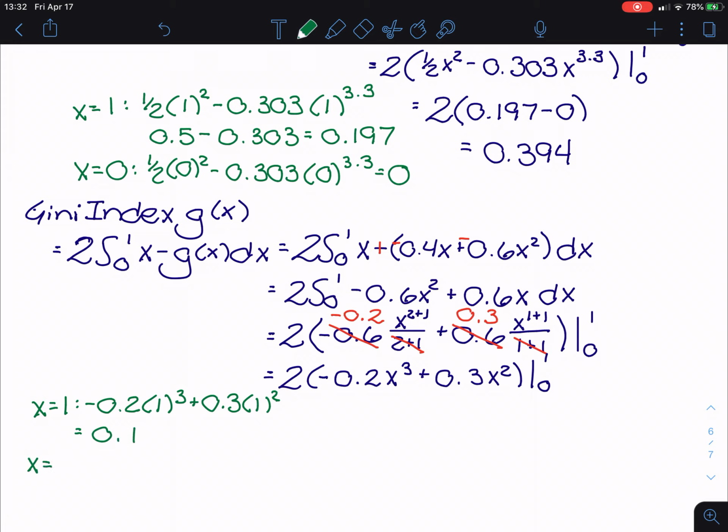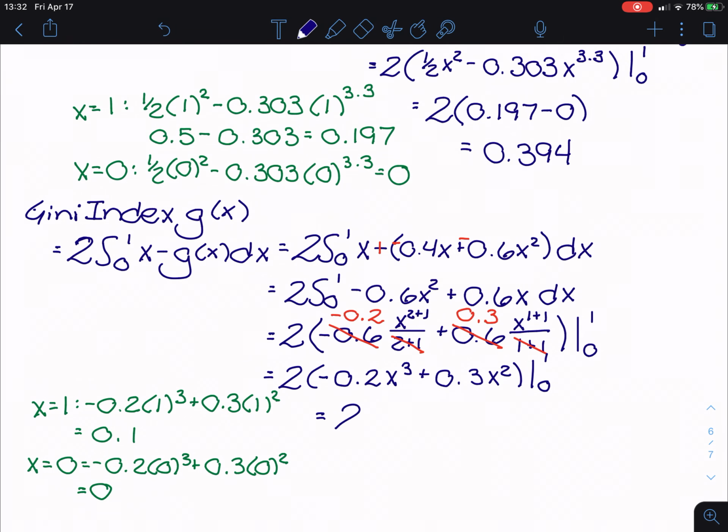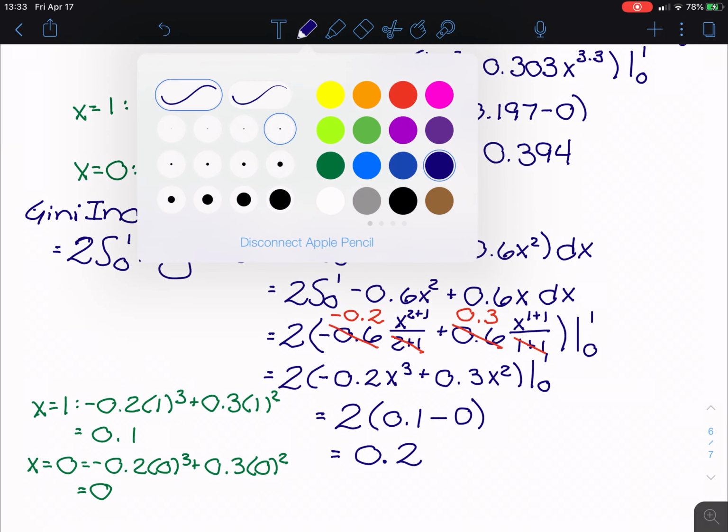Then when x is equal to 0, I have negative 0.2 times 0 cubed plus 0.3 times 0 squared, which is just equal to 0. So when I evaluate this, I have 2 times 0.1 minus 0, and my Gini index is 0.2.